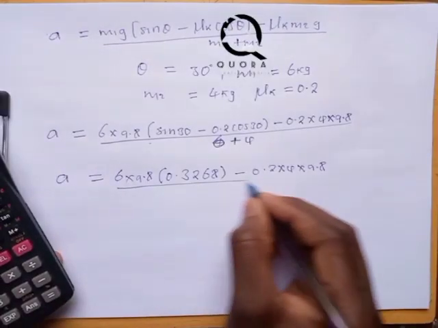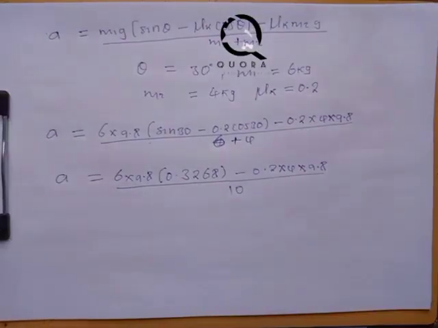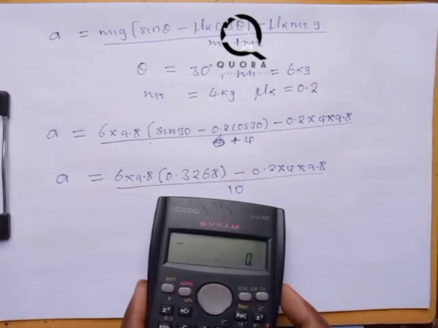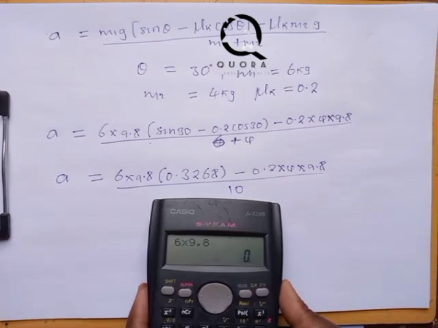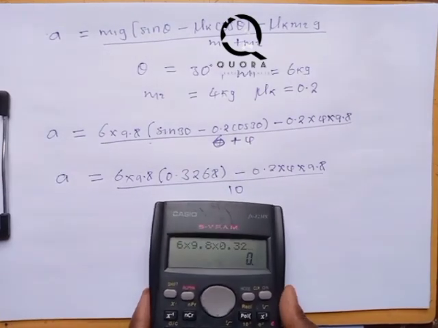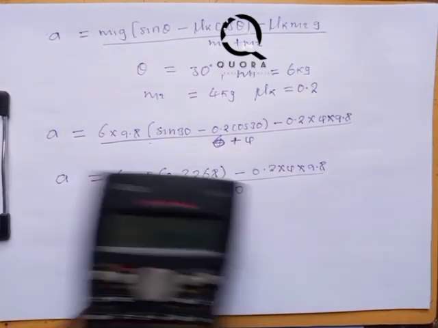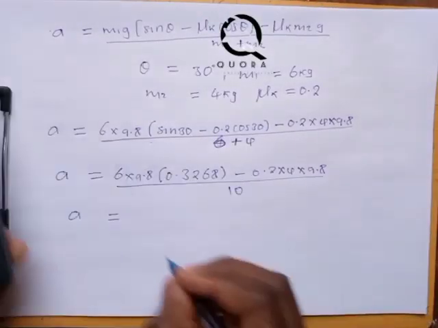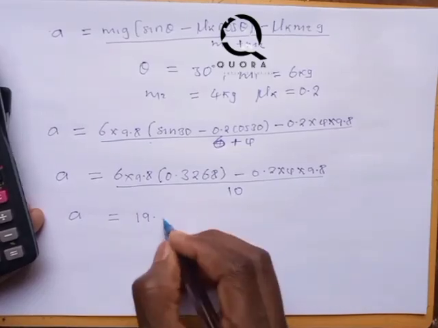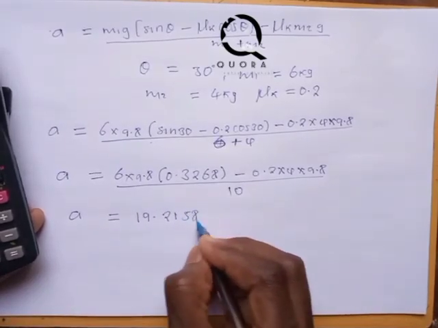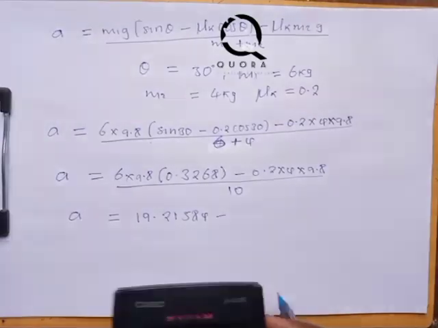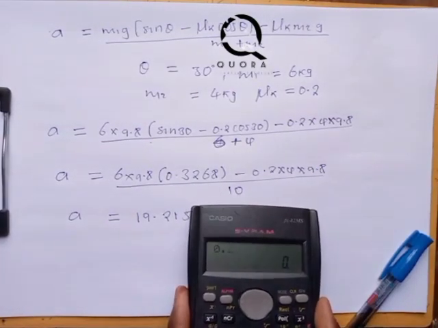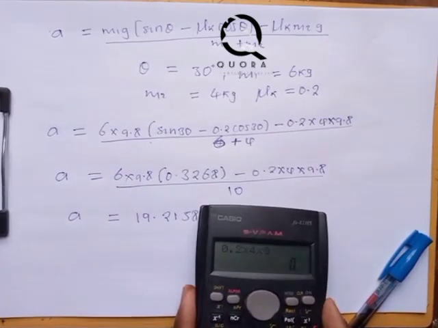Okay, say over 10. So if we multiply 6 multiplied by 9.8 multiplied by 0.3268, what answer are you getting? Acceleration is going to be equal to 19.21584 minus, what answer are we going to get if we multiply 0.2 multiplied by 4 multiplied by 9.8?